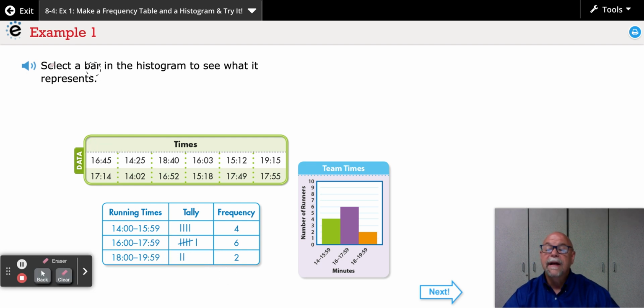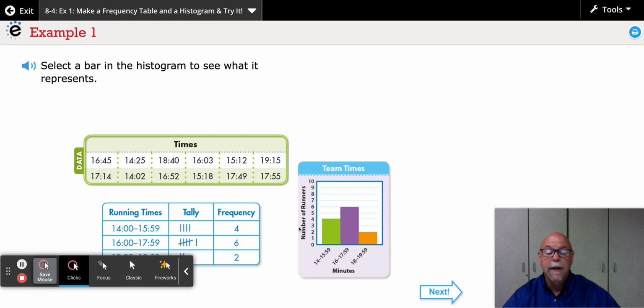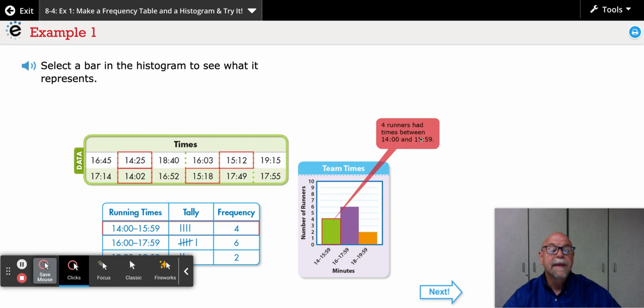All right, so we're selecting the bar in the histogram to see what it represents. So this bar here is 4 runners, right? 4 runners had a time between 14 and 15 minutes, 59 seconds. And then the middle bar, most of the runners, we had 6 runners in that range.